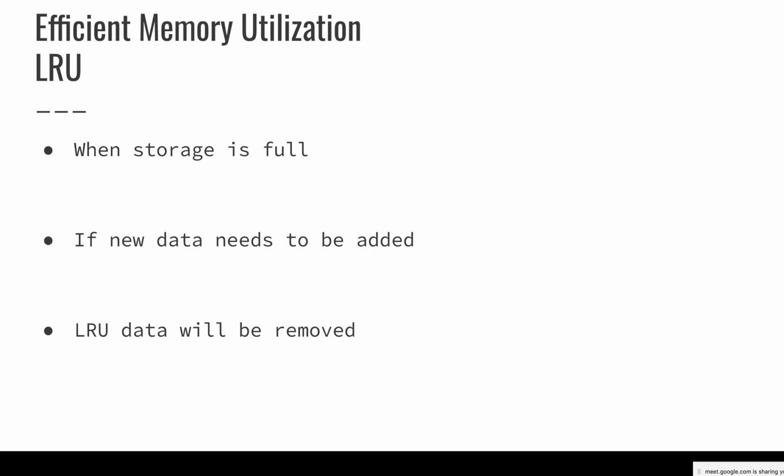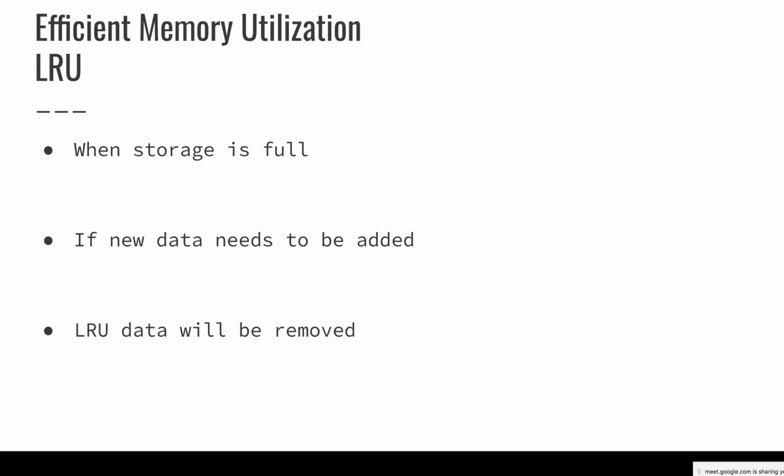Now, there will be certain data points which will be accessed on different days. Whenever a particular piece of data is accessed, that is, read from the cache, we store a timestamp of that access.